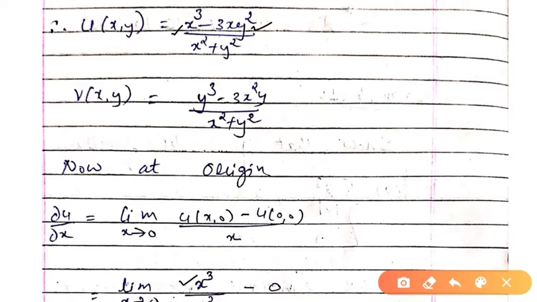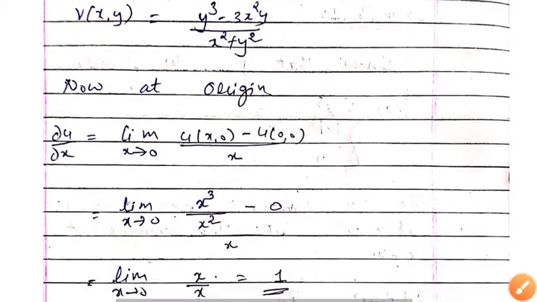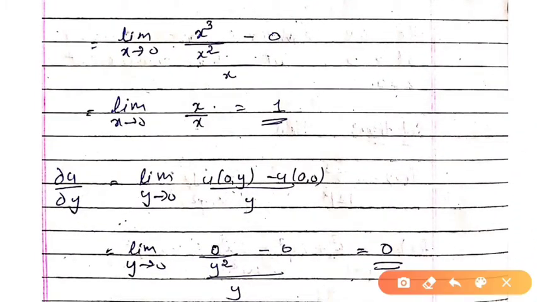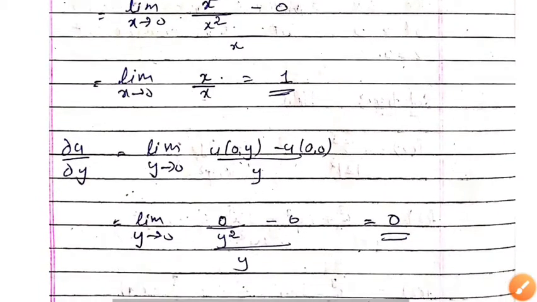When you put y equal to 0, this term gets 0 and you are left with x cube upon x square, minus, when you put x and y both 0, the whole term will be 0, as in the formula. Now this term will get cancelled, so you are left with x upon x, and x upon x is 1. So this is del u upon del x, that is ux.